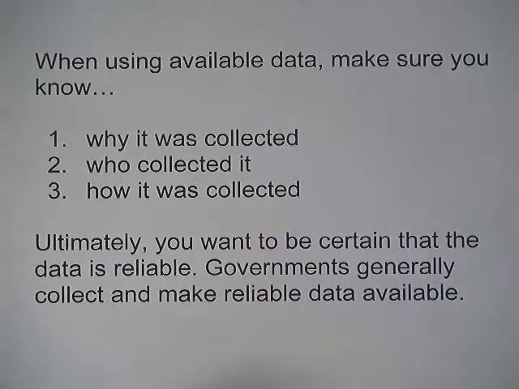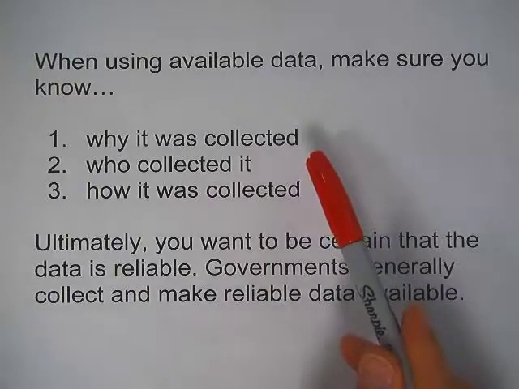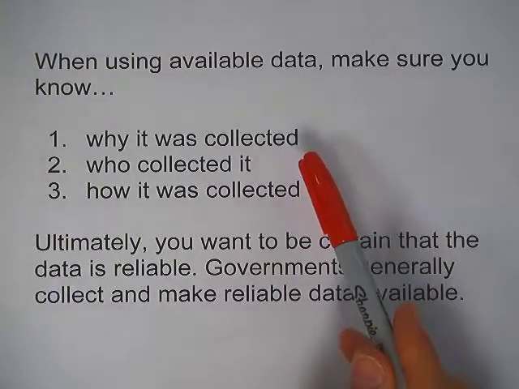Well, it was probably collected because fans of the team, supporters, are interested in the players. They want to know how tall they are, what hometown they're from. So that's probably why it was collected, to provide more information for fans.